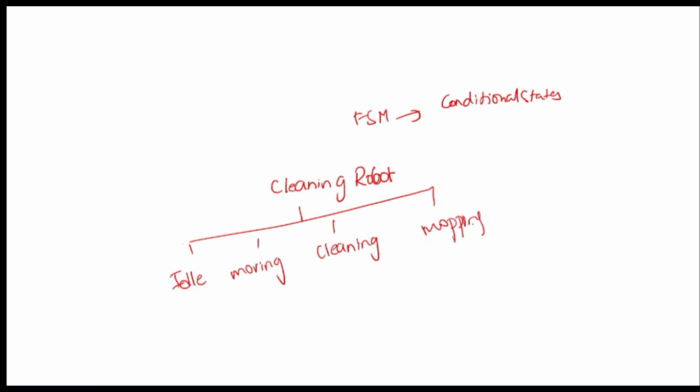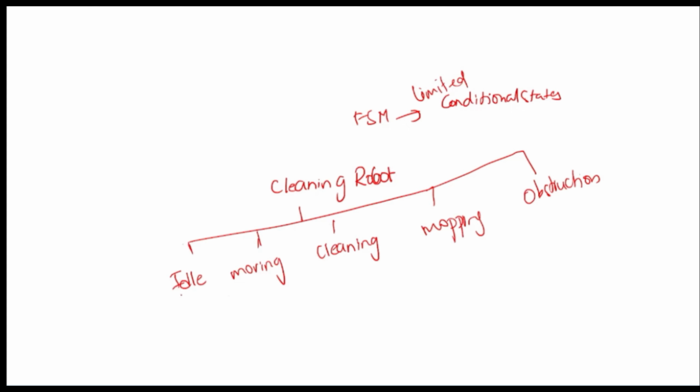There may also be certain obstructions while it is moving. In such cases it should decide what to do, like move to the left or move to the right. So in this way it has some limited conditions, and we use FSM to create these conditions.